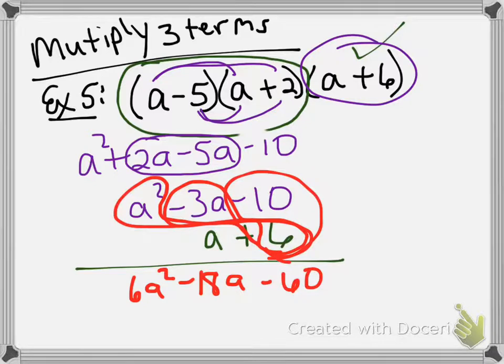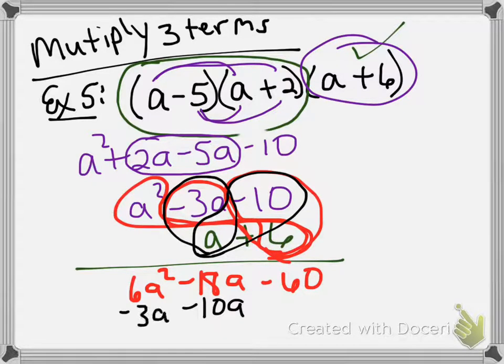Then I'm going to have a times negative 10, which is negative 10a, a times negative 3a, a times a squared.